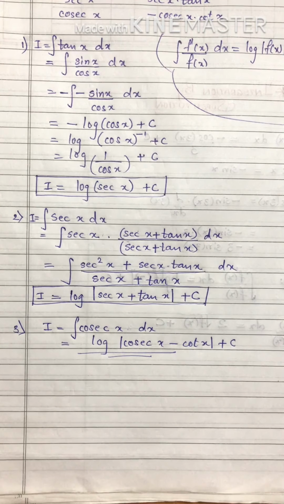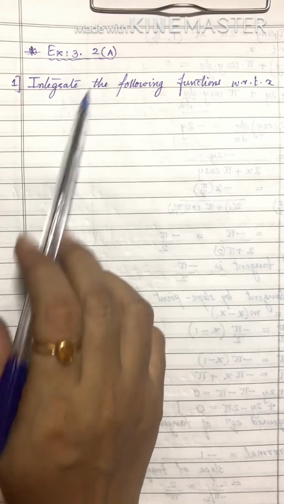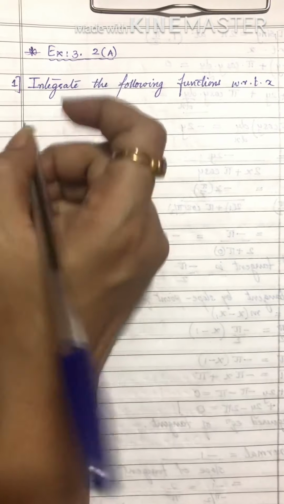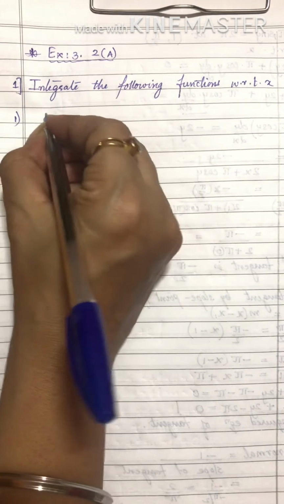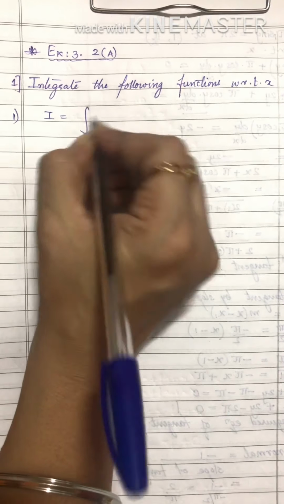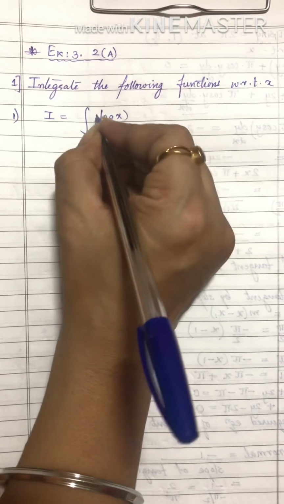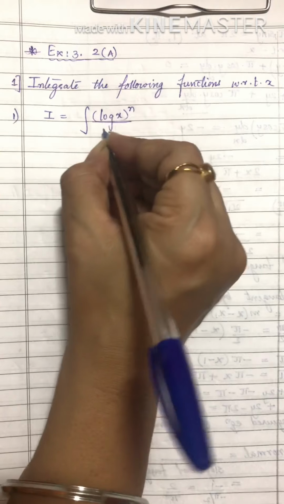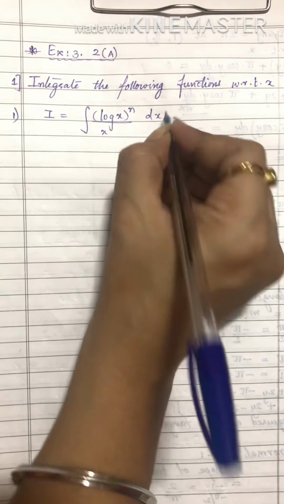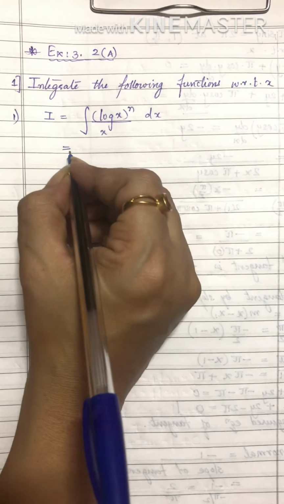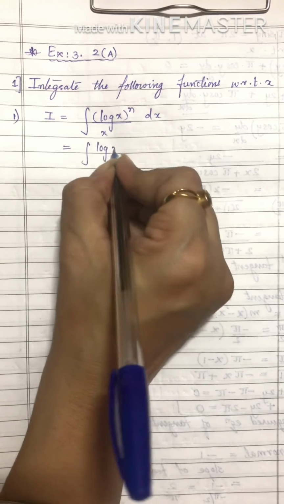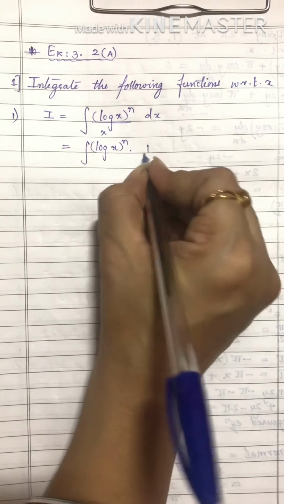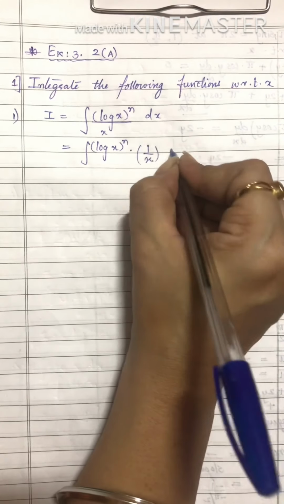We will move further. Our first sum from exercise 3.2a is: integrate the following with respect to x. So let's get started. Question is I is equal to integration of log x raised to n upon x dx. So how will we do this? You can separate this and write it as log x raised to n into 1 upon x dx.